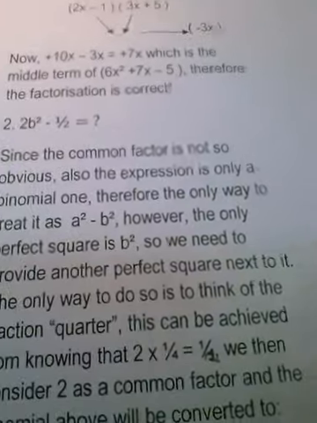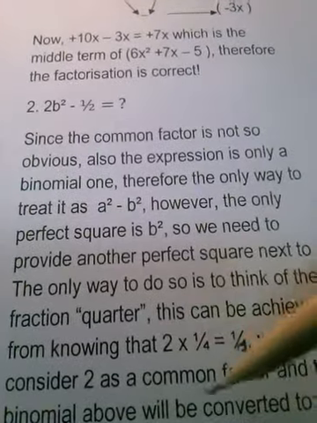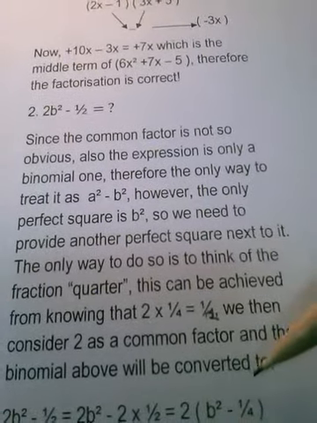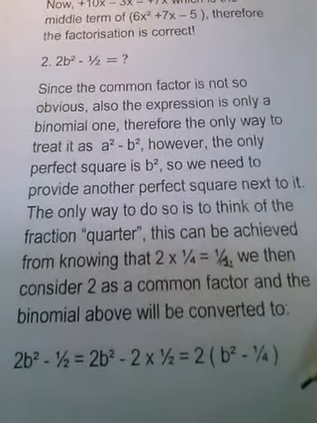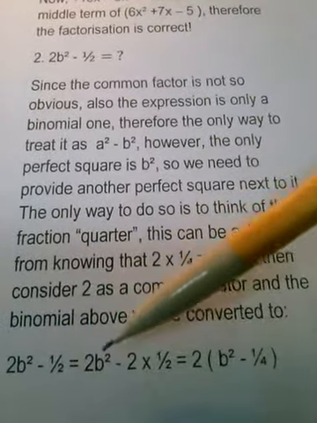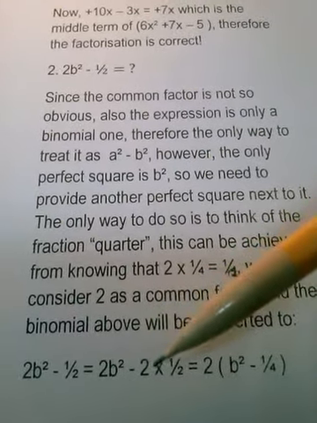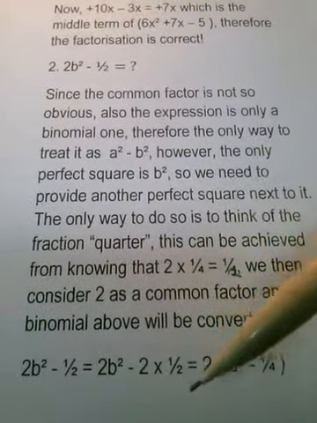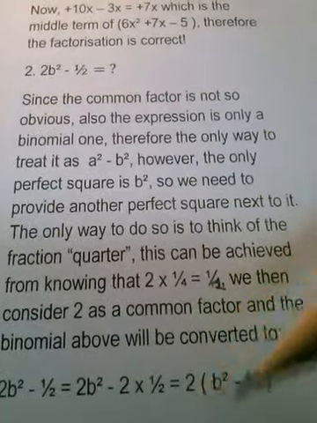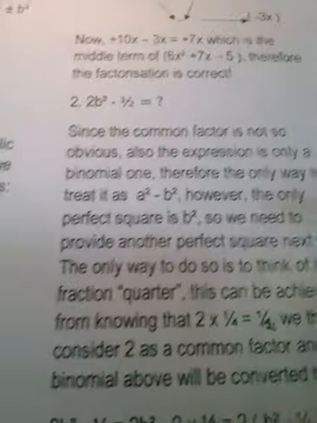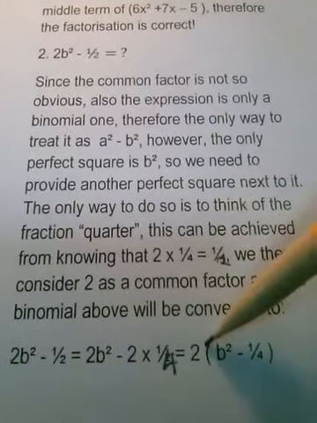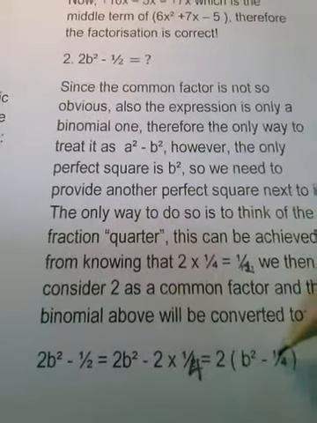We then consider 2 as a common factor, and the binomial 2b squared minus half will be 2b squared minus 2 times a quarter. Therefore, we take the 2 outside as a common factor, and we end up with b squared minus a quarter.